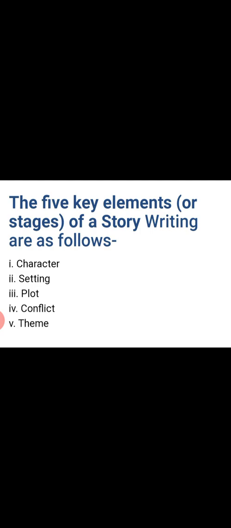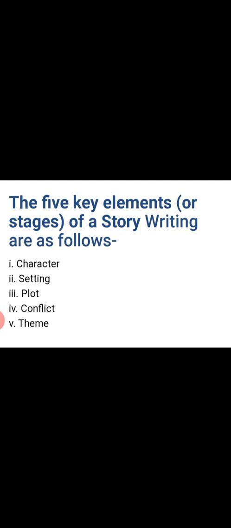Only then will your plot become interesting. Otherwise, if your events are not flowing naturally and are not coherent, then your plot will not be understood by the person who is reading it, isn't it? So your plot should be very coherent. The events should be arranged in a very natural, coherent manner.